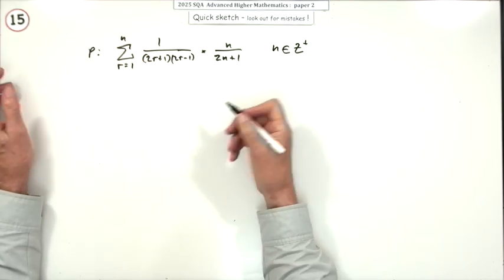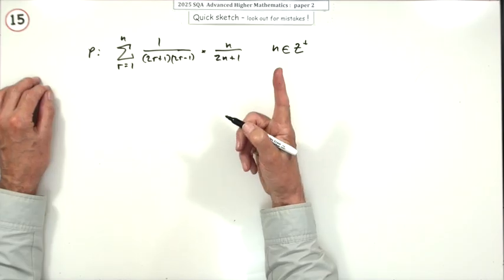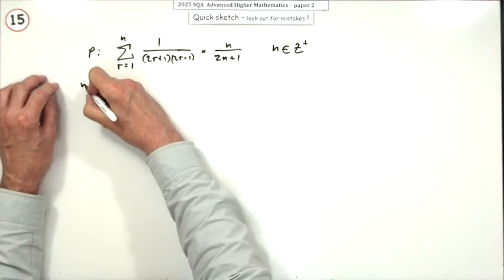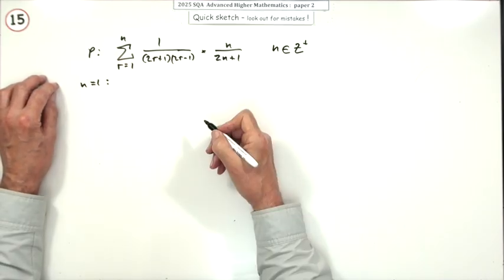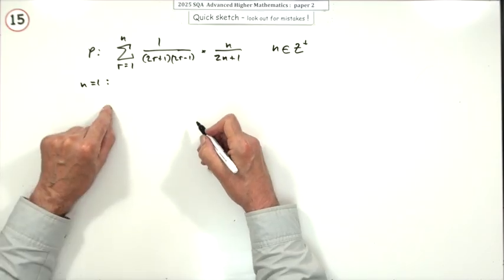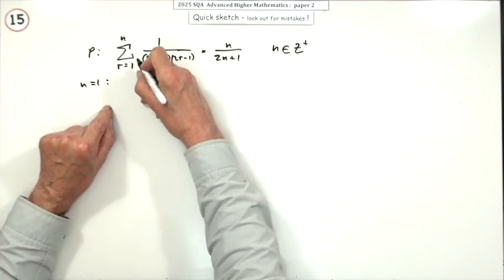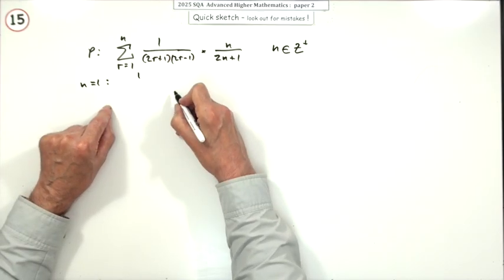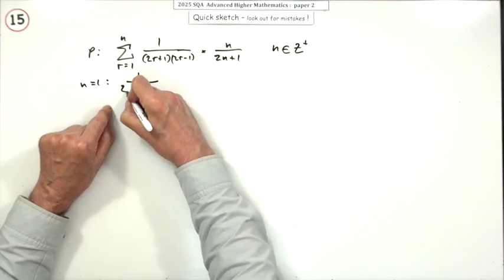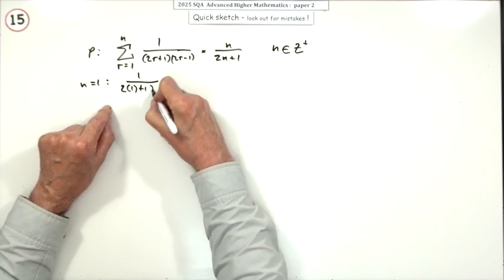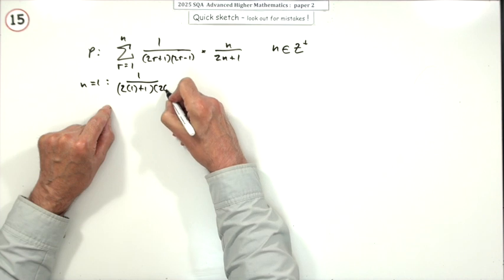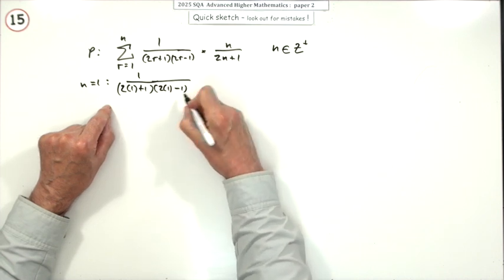Well, let's test it first of all at the very first one, so that's 1. So let's test it for n equals 1. If n equals 1, what have you got? You've got from 1 to 1 of this, so it's just the first term. So it's going to be 1 over, put down the working, 2 times 1 plus 1, times 2 times 1 minus 1.